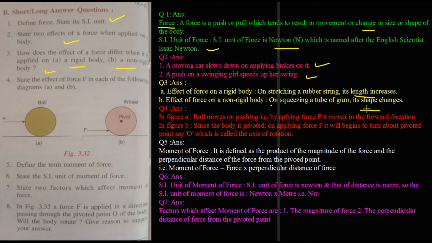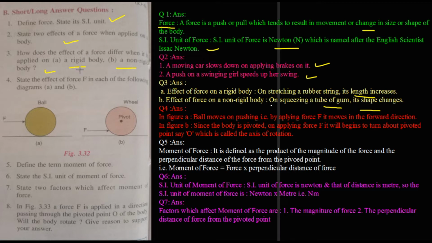On squeezing a tube of gum, its shape changes. The effect of force on a rigid body like a rubber string is that its length increases, and the effect of force on a non-rigid body like a tube of gum is that its shape will change.